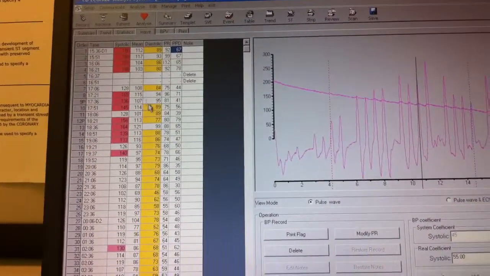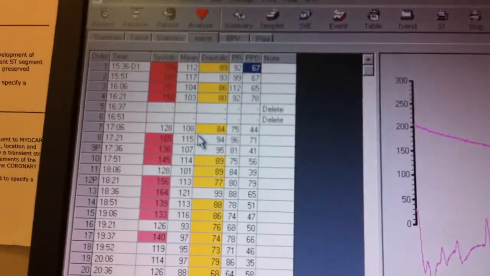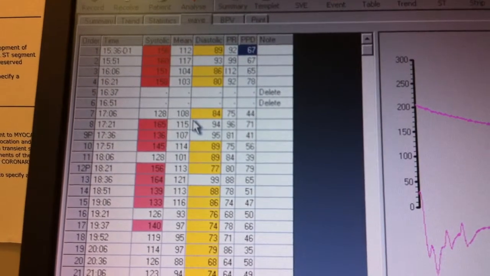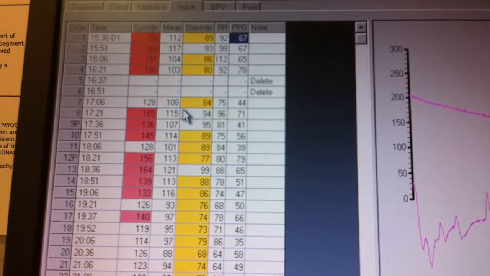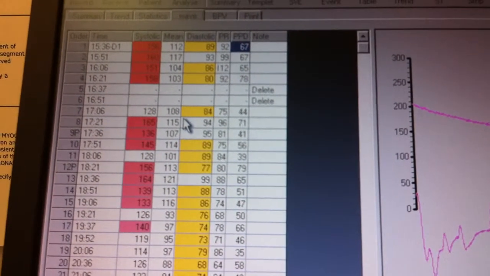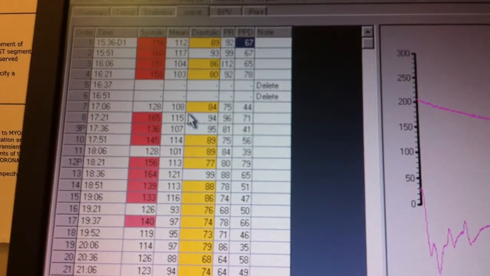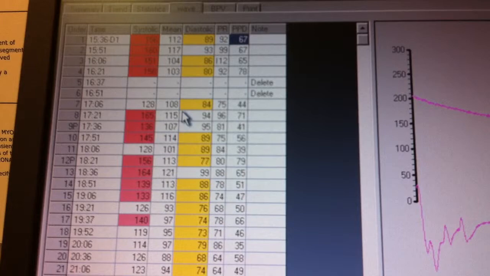The wave function has a comprehensive listing of blood pressure values, where we can see systolic, mean, diastolic, pulse rate, and then the pulse pressure. The difference between the systolic and diastolic blood pressures.